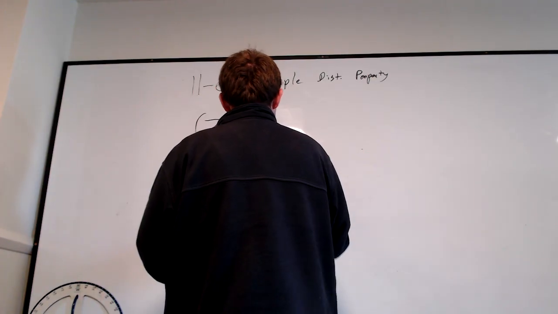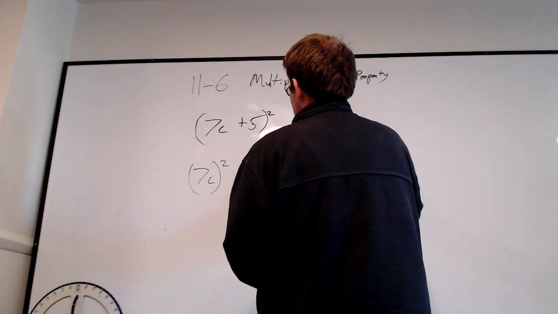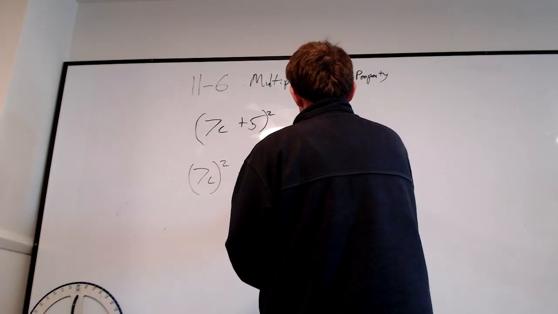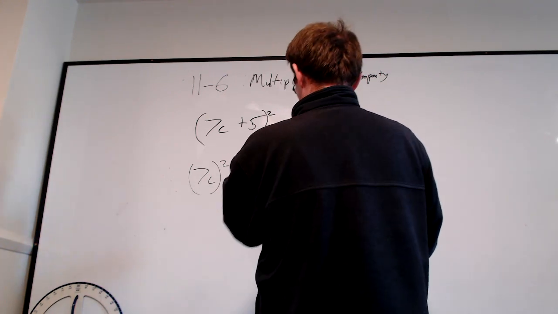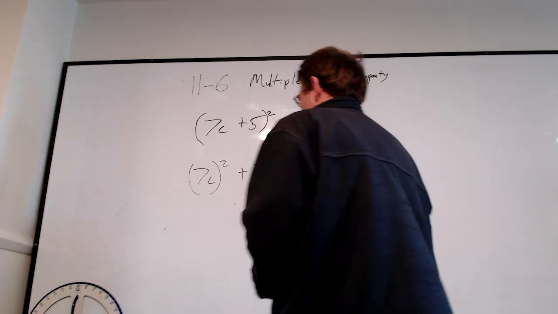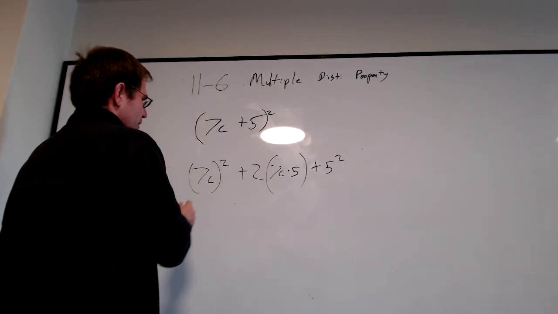Am I doing this right? Okay, and then we've got plus 5 squared. I think that looks right. So this is using the formula that we just created, right?